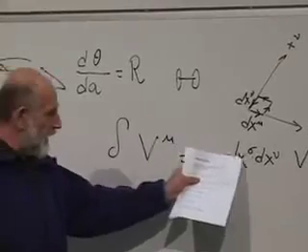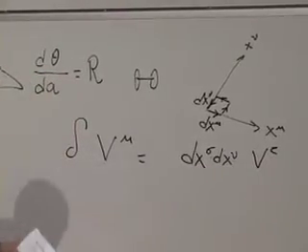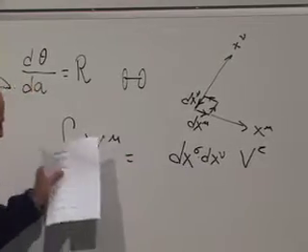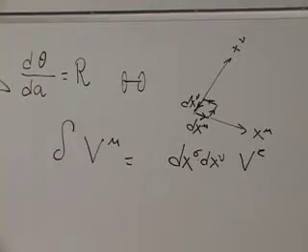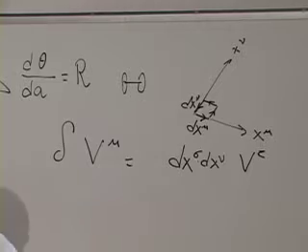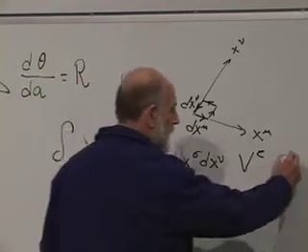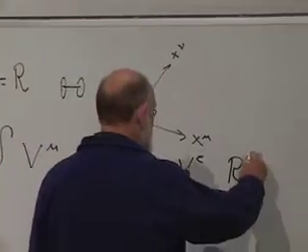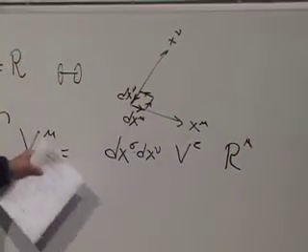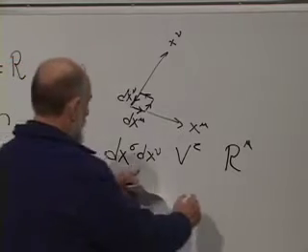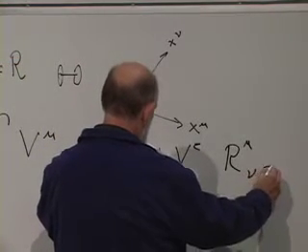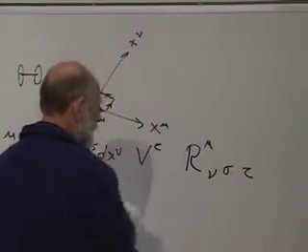So let's see if we can build a formula. We have 3 indices on the right-hand side, and 1 index upstairs on the left-hand side. The only thing we can have here is some tensor which has an upper index mu to match this index here, a nu and a sigma and a tau.